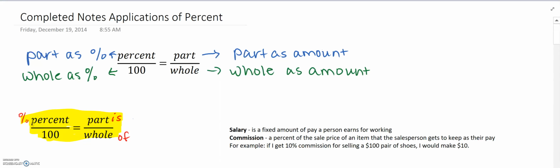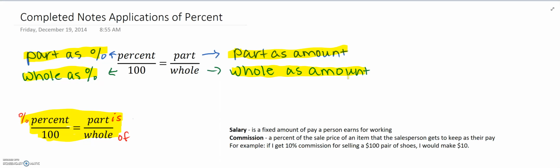So another way to think about it is your percent is part of the whole as a percent. Your 100 is the whole as a percent. Your part is the part as an amount, like a dollar amount or a numerical amount. And your whole, down here in the denominator, which is across from 100%, is the entire amount that you start with. So that's a quick review of what we've learned.